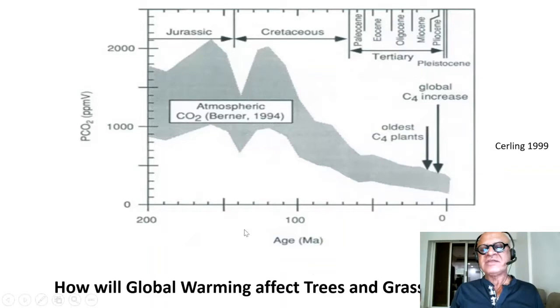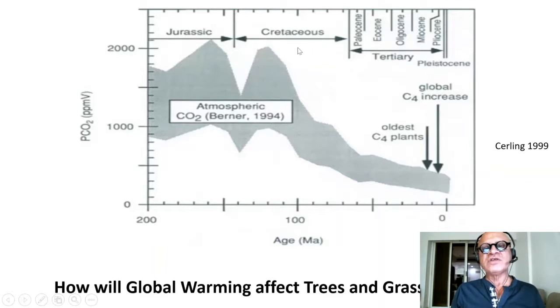So estimates of the past atmospheric CO2 levels have been made using models like this one by Berner, and there is very high CO2 in the atmosphere with this uncertainty range here during the time of the dinosaurs, which was a very warm period.